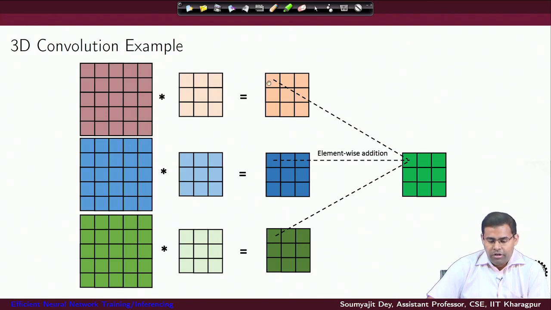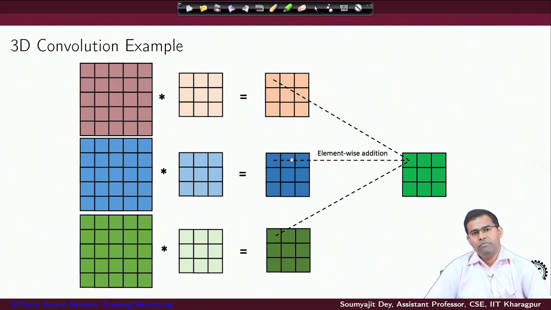And how do you really compute? After overlaying the mask, you are doing element wise multiplication. Essentially, you are multiplying this image pixel information with the mask weights and finally doing a weighted sum of this region, again the weighted sum of the next region, and so on and so forth, right. And finally, you do element wise addition to flatten these 3D outputs to a 2D transformed image output, right.